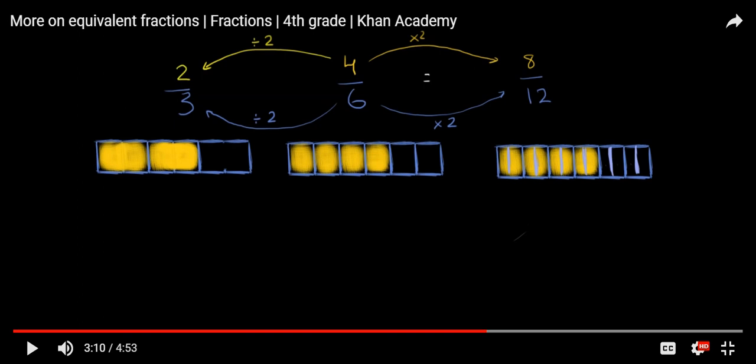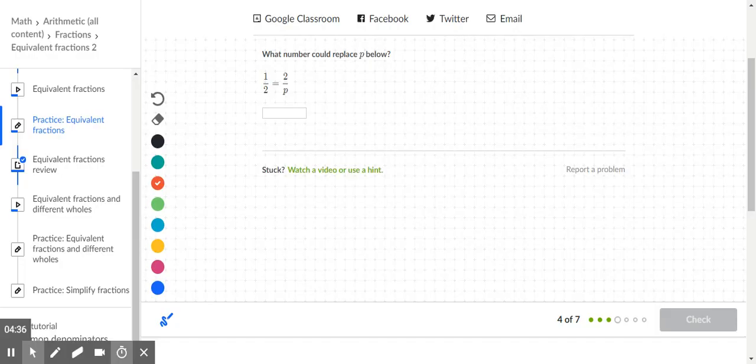Okay, so let me pause this real quick. Let's practice a few of these where we just have the number of what we just watched. So again, whatever you do to the bottom, you do to the top. Whatever you do to the top, you do to the bottom. So if we look right here, what did I have to do to 1 to make it turn into 2?